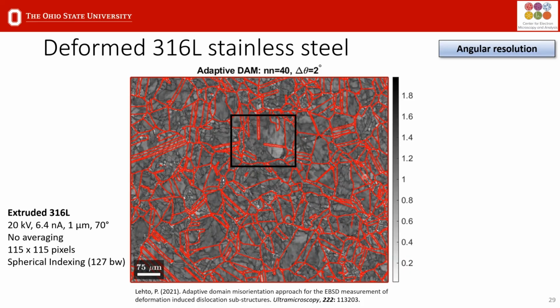I haven't done a systematic study of that yet, so that's still work in progress. The one I show here on the screen was performed after spherical re-indexing, and then I performed the adaptive analysis. As far as I know, this is not implemented, and Matt can correct me, in OIM Matrix, so that was done using MTEX. Okay, yeah, that's correct.